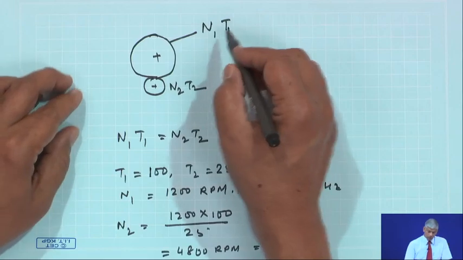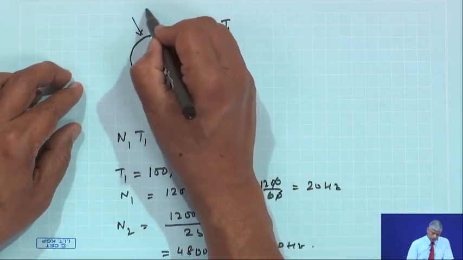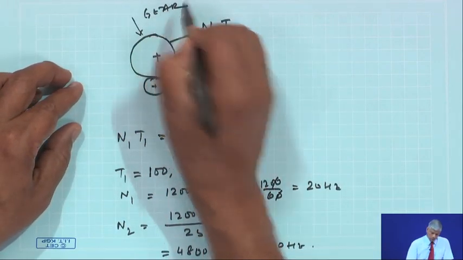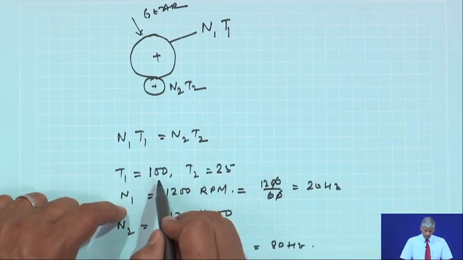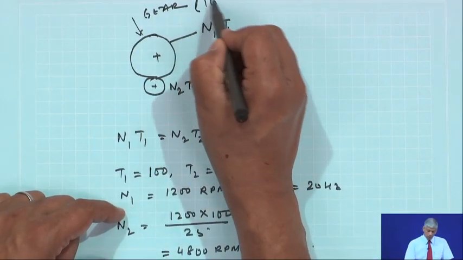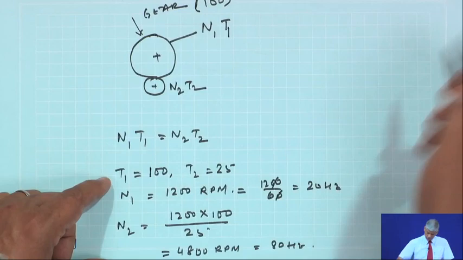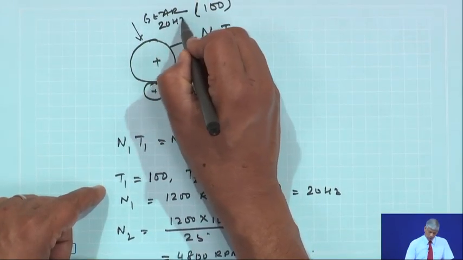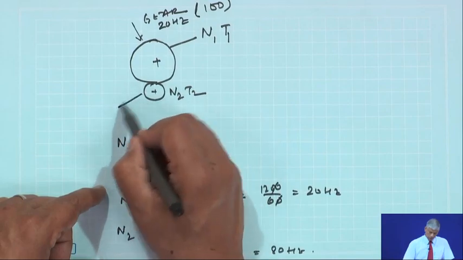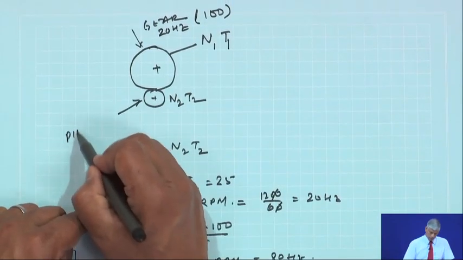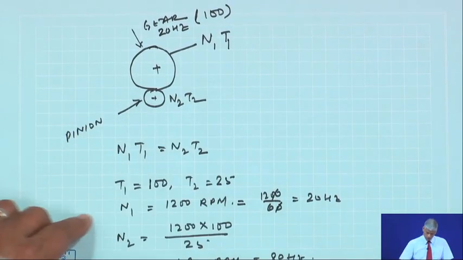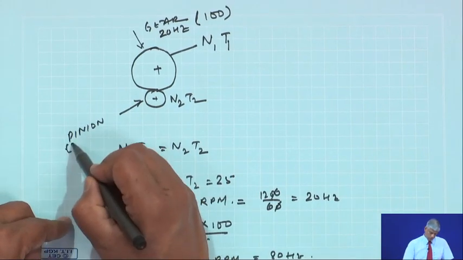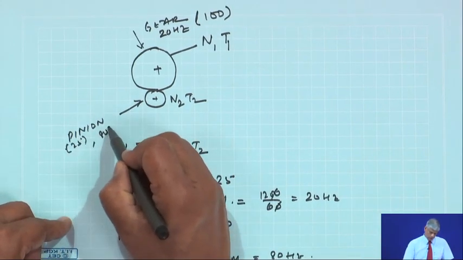So that means this gear, which has 100 teeth, is rotating at a speed of 20 hertz, and this pinion, which has 25 teeth, is rotating at 80 hertz.